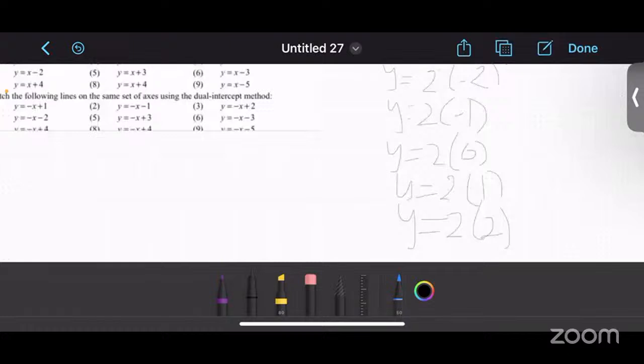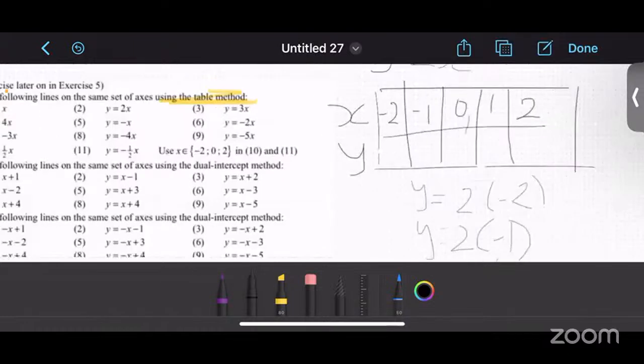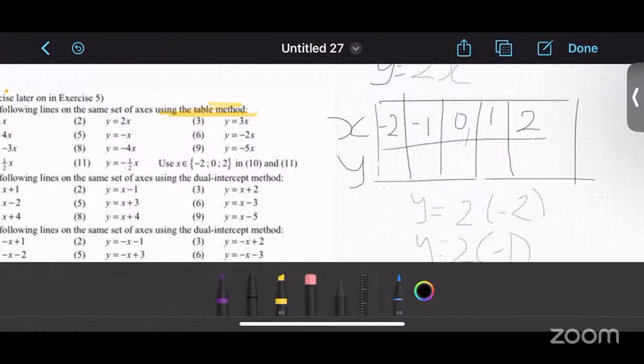What is the first y value? Colin, what's going to be the y value when our x is equal to minus 2?